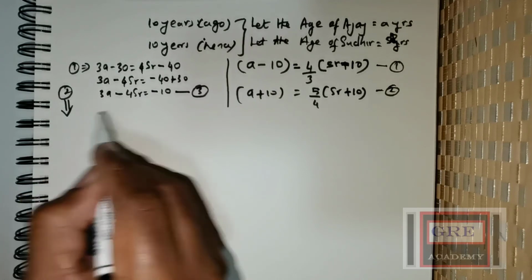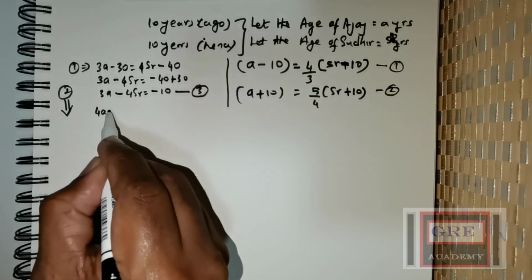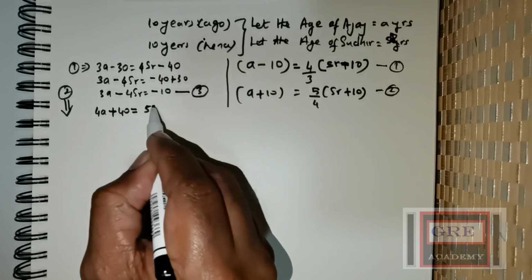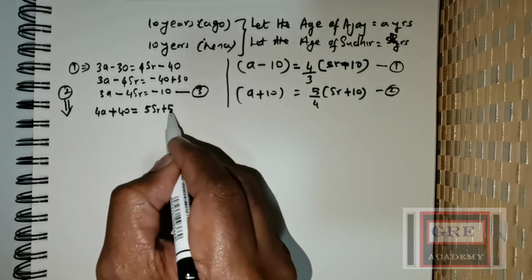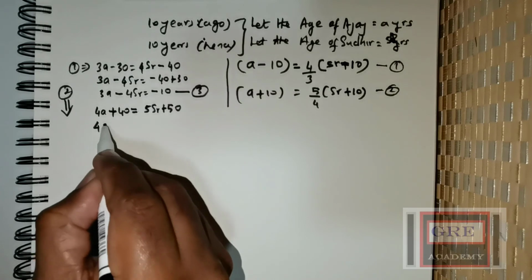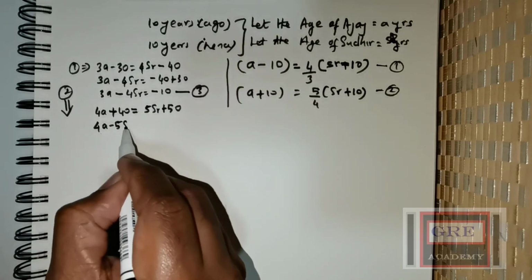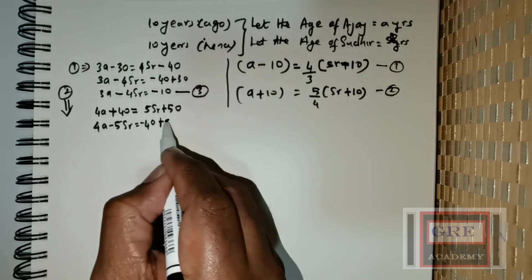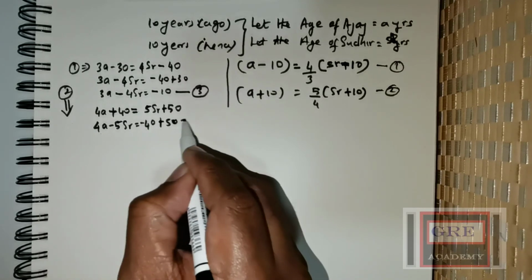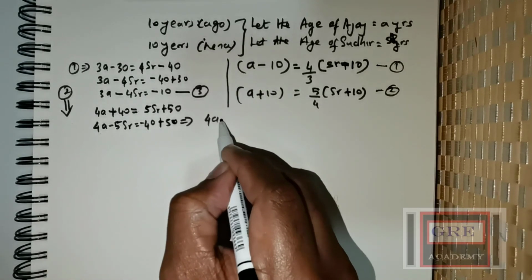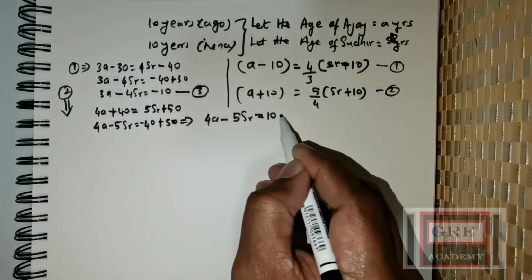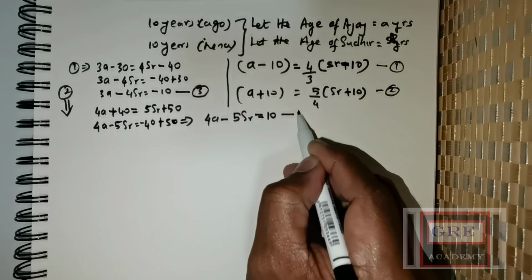Now from 2, I can rewrite this as 4a + 40 is equal to 5 times SR + 50. So from here 4a - 5 times SR is equal to -40 + 50, which is 4a - 5 SR = 10. So this is my equation 4.